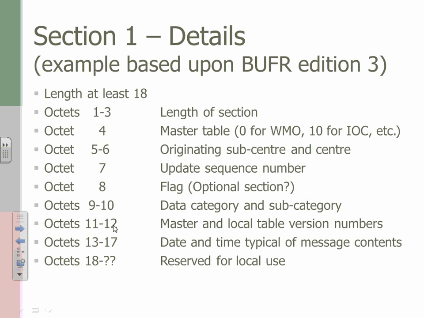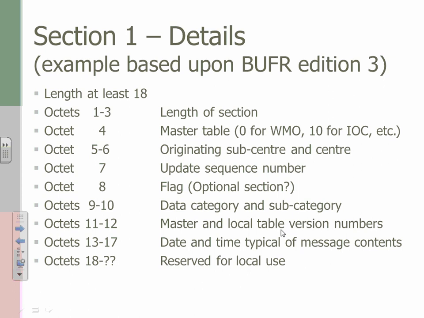And octet 11 to 12 is the master and local table version number. As I said before, the TDCF is defined entirely by the tables, and each time someone adds new entries, the table version is counted up. So the BUFR table is, I think, version 19 now, and 19 includes all of the descriptors defined right now, but some centers can use older versions of the table.